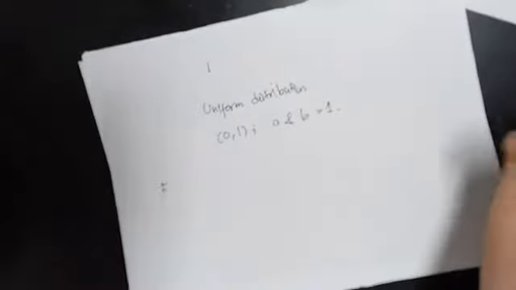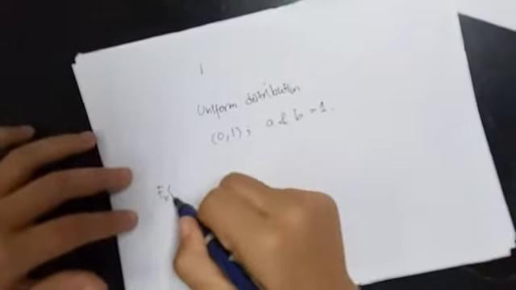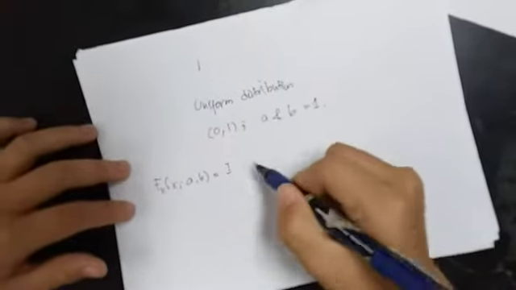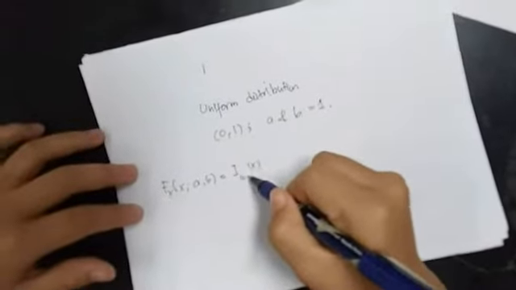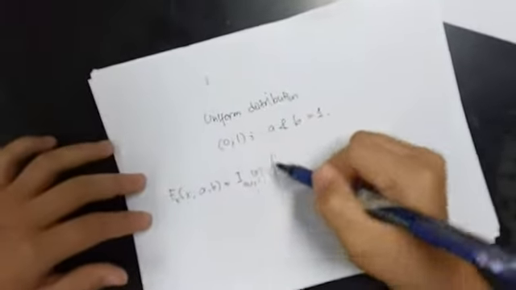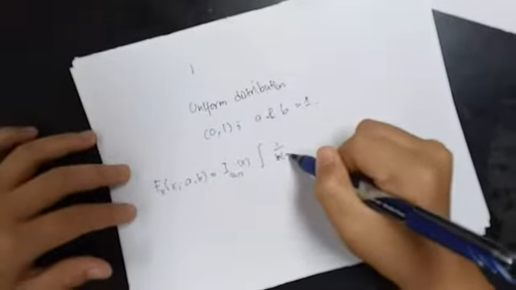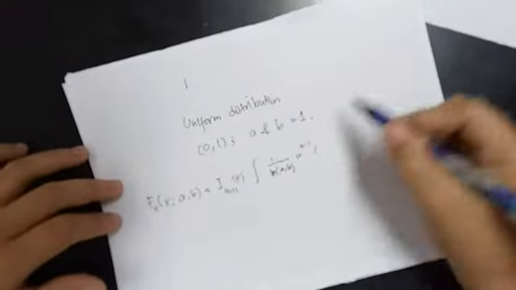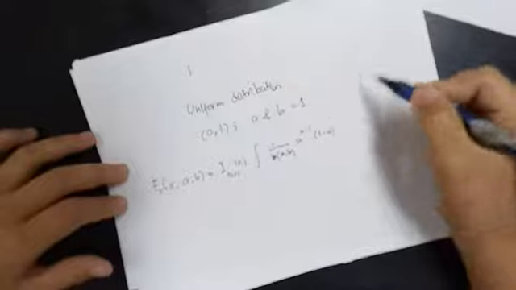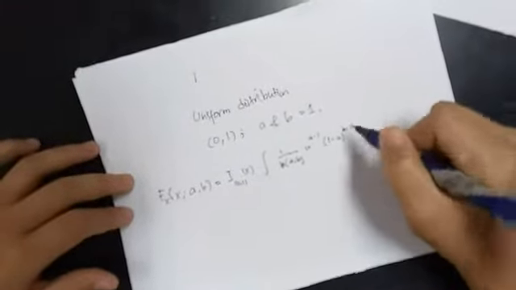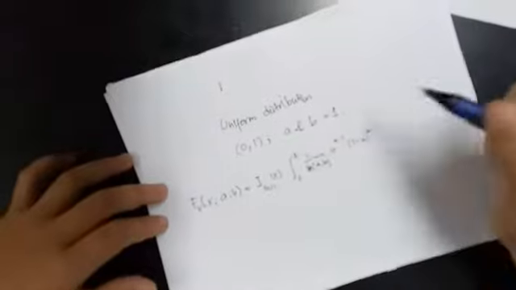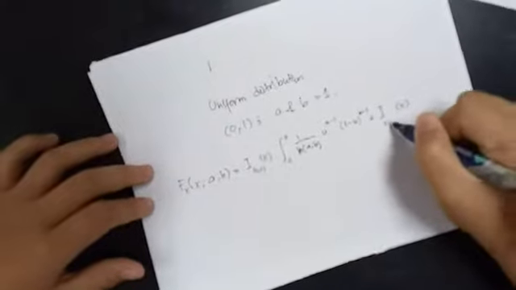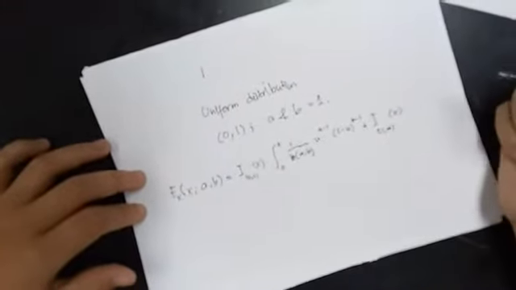We have big F sub x of x, a, and b equals the indicator of x from 0 to 1 times the integral of 1 over B of a and b times u to the a minus 1 times the quantity of 1 minus u raised to the power of b minus 1, integrated from 0 to x, plus the indicator of x from 1 to infinity.